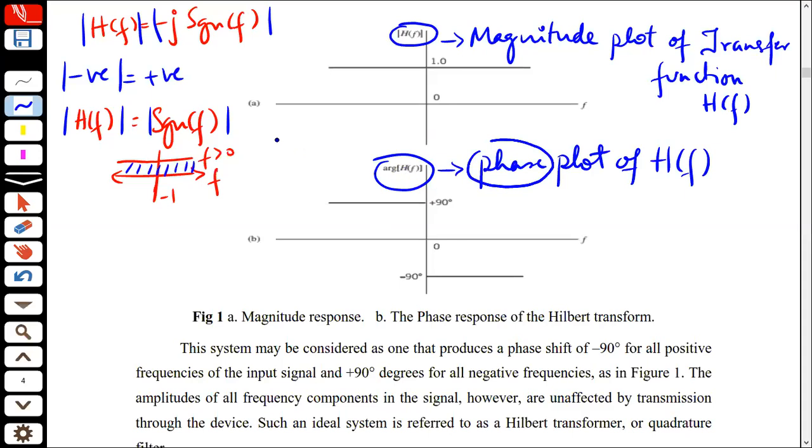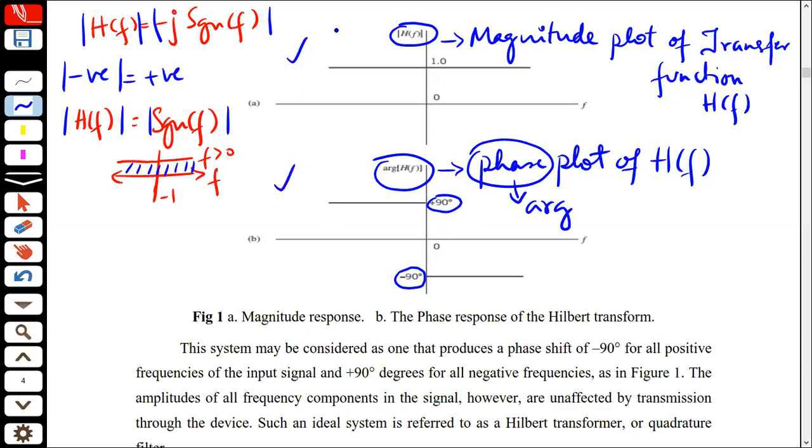Because of this j, we rewrite it as positive 90 and negative 90 over here. To indicate this phase, we use the term arg. Arg is used to represent phase. So this is the magnitude response and phase response of the Hilbert transform.